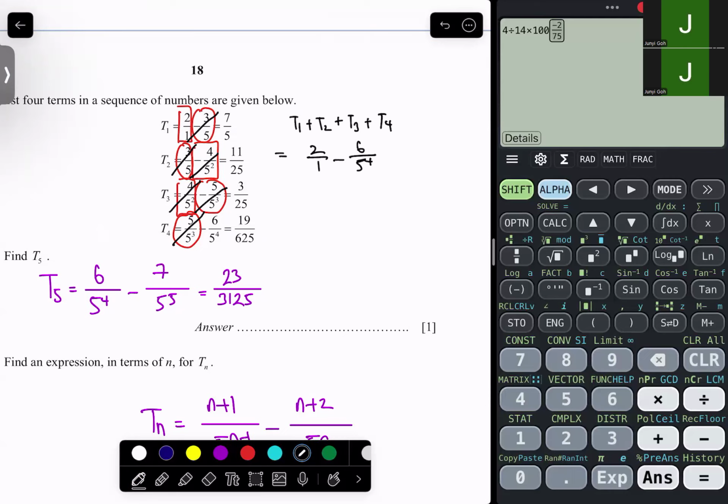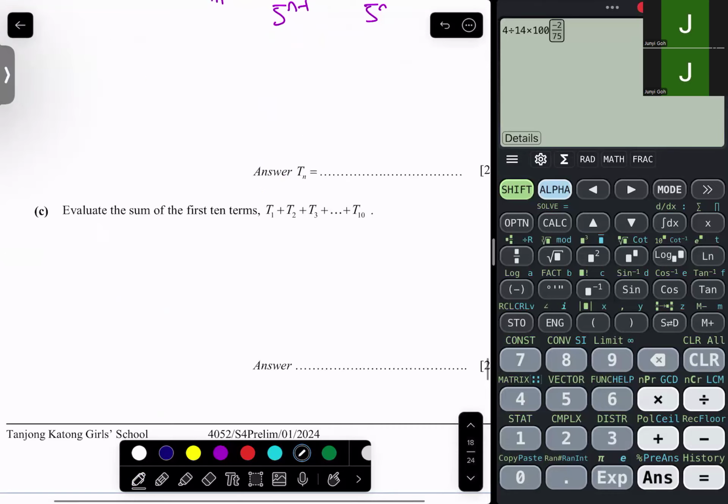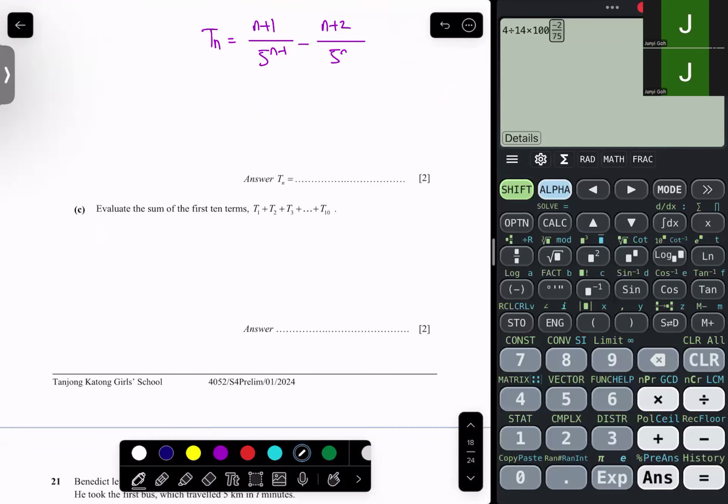Which could be the case when n equals 10. So I just need to know what T10 is. T10 is equal to 11 over 5 to the power of 9 minus 12 over 5 to the power 10.